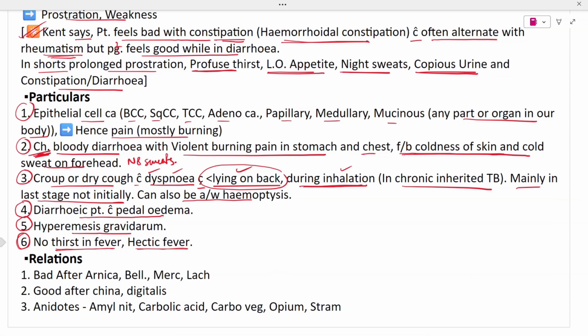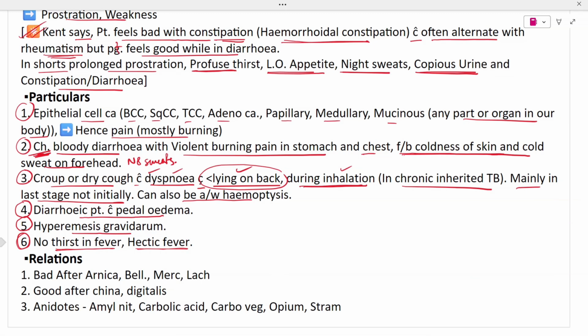Not necessarily are these the only particular symptoms; there may be others too. In the background of Acidicum acidum, we must remember the constitutional part that holds acetic acid itself. Now these are the present problems, so we must remember all this. Finally, the relations.